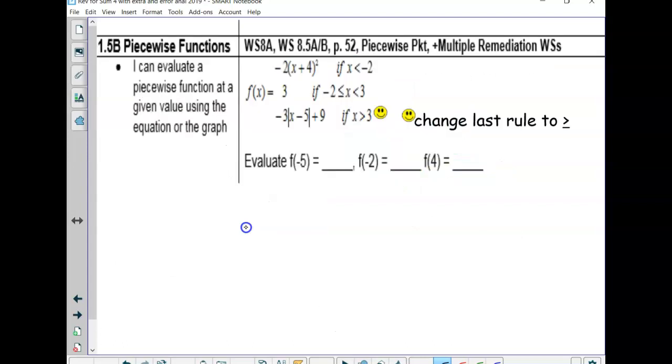All right, I have a request on this one. Could you change this last rule down here to if x is greater than or equal to 3, please? All right, so you have a question that's just evaluate. Please don't get that one wrong. Put in a -5 would go into which rule?